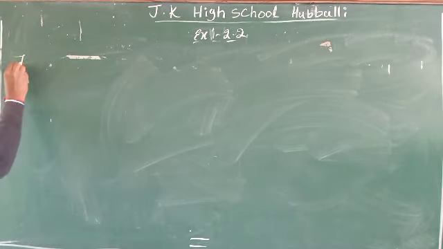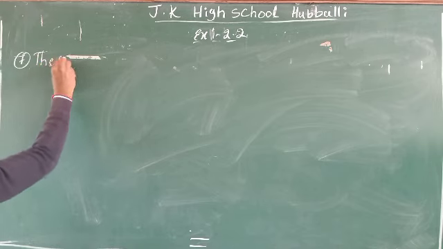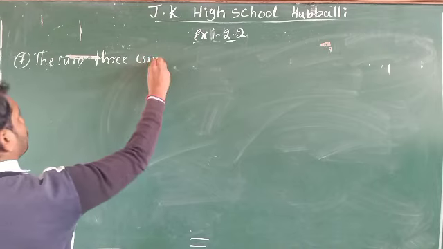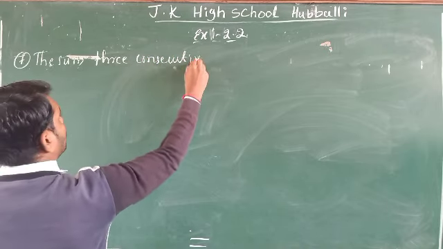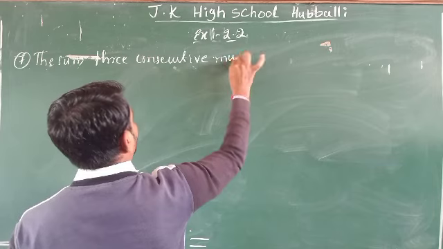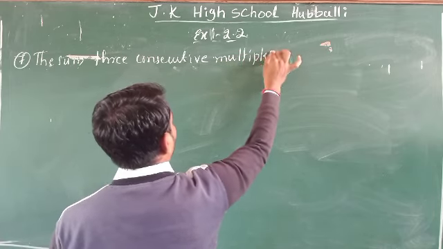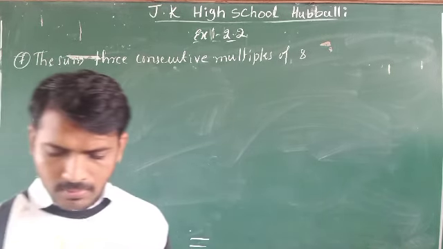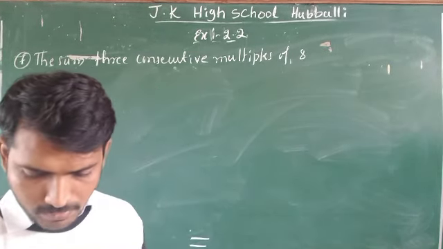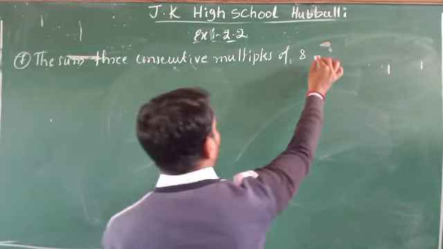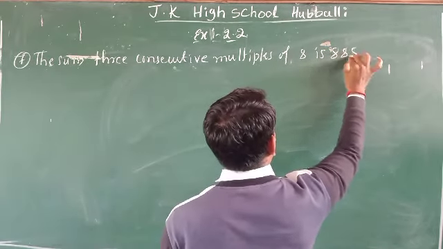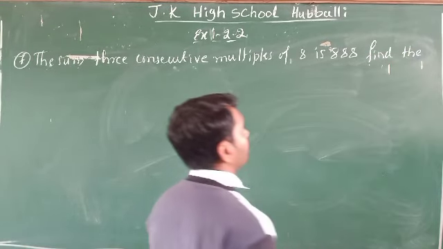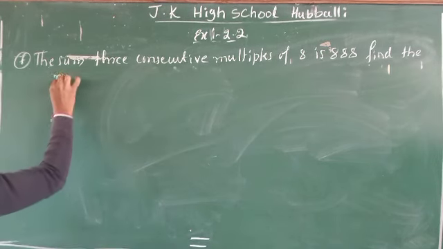The sum of three consecutive multiples of 8 is 888. Find the numbers.